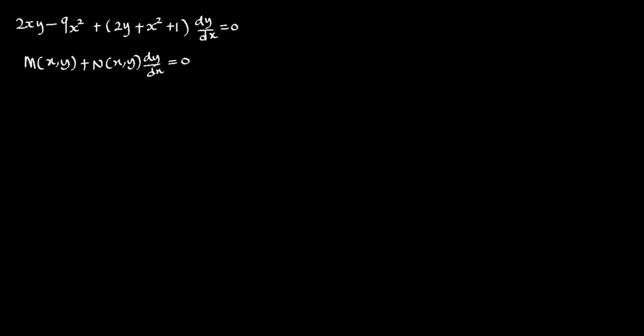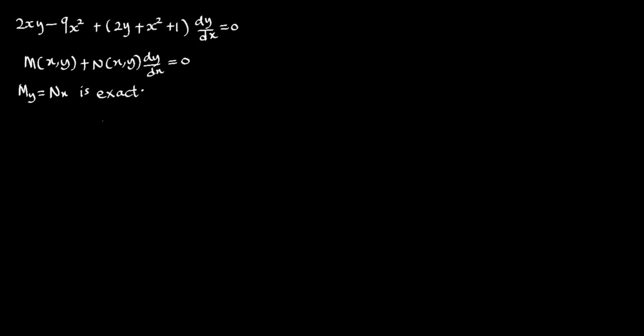If they are the same, then it is an exact differential equation, but if they are not, then it is not exact. In this video, we are only going to talk about exact differential equations. So if the differential equation is exact, we are going to have M_y equal to N_x. Okay, and it means the differential equation is exact.